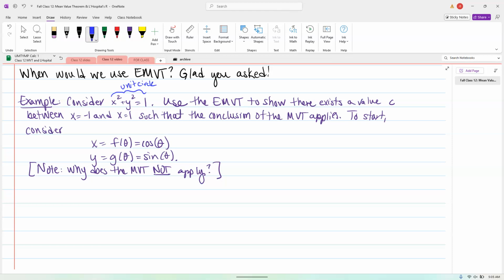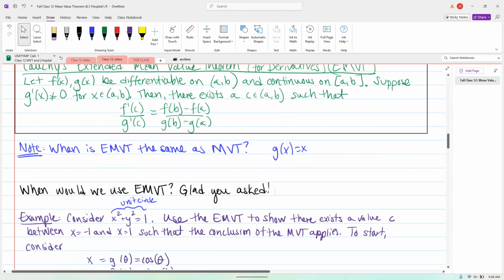What we're going to do is work with the unit circle's parameterization, cosine and sine, and I'm actually going to switch these just because we run into an issue. I'm going to replace these and call these g and f, so it's more like a y over x idea when we do the extended mean value theorem.